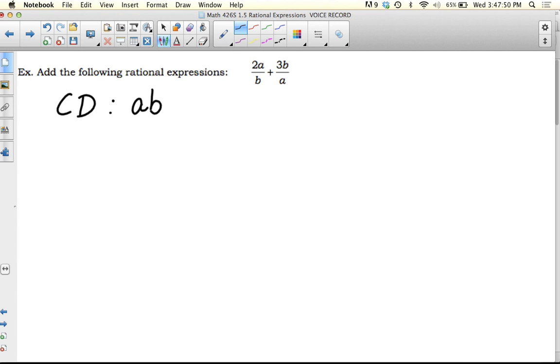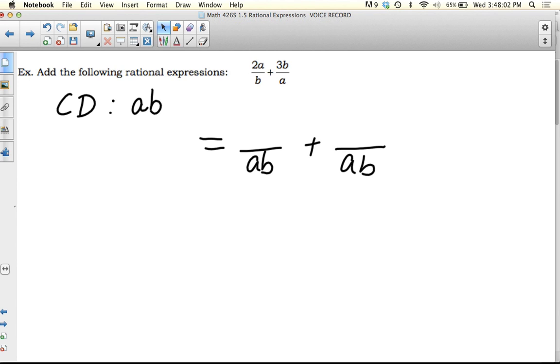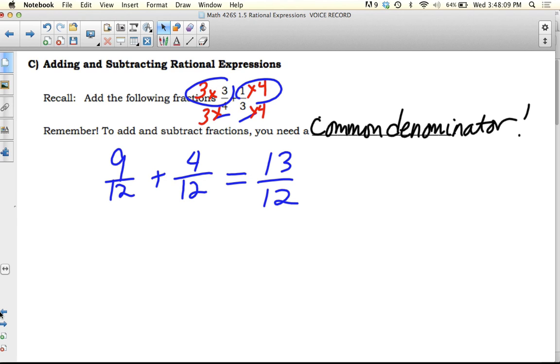Okay, so now I'm going to rewrite my expressions here with a common denominator of ab. Okay, just like we did before. Instead of our fractions being over 3 and 4, I had fractions over 12 instead. Okay, so going back.